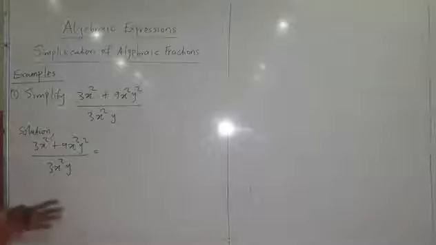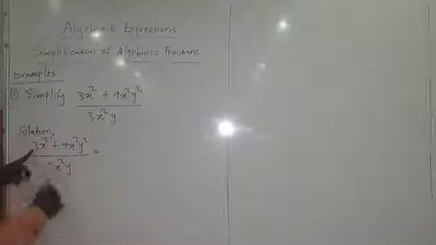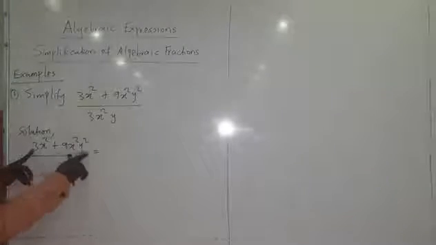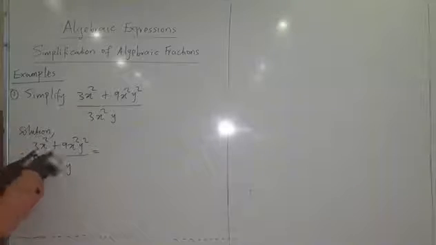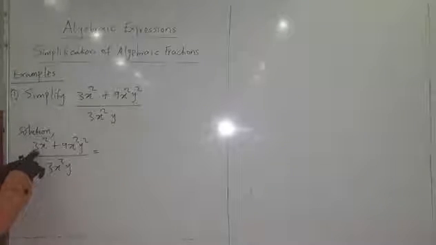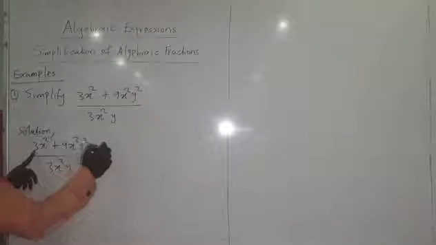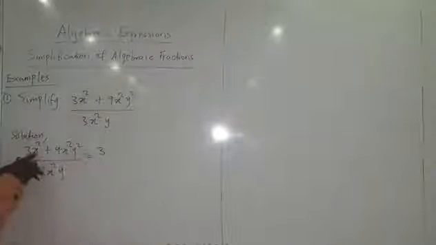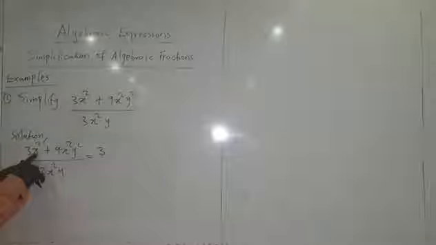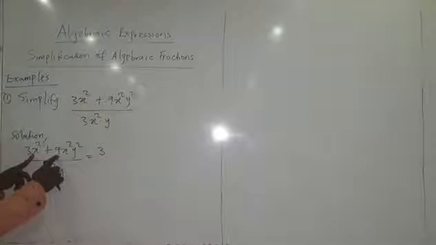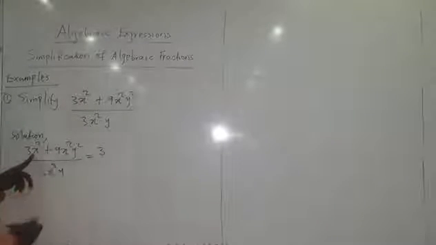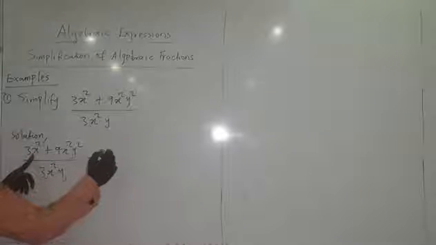So we now have 3x squared plus 9x squared y squared. If you look at the first term, 3x squared, 3 can go in 3 without remainder, 3 can go in 9 without remainder. So 3 is common, so we factor out 3. Then x squared is also common, since we have x squared in the second term of the numerator.